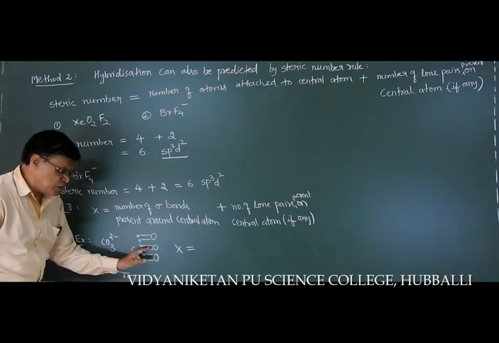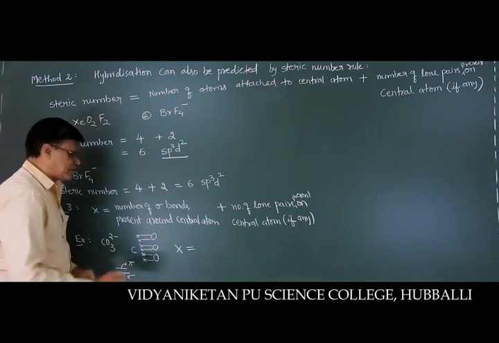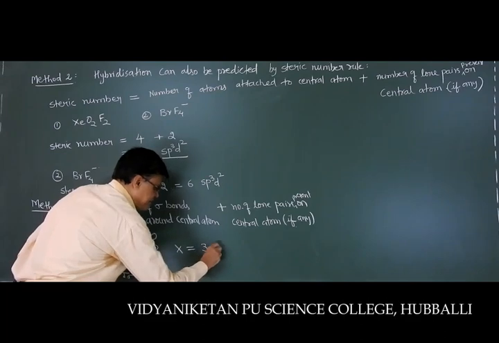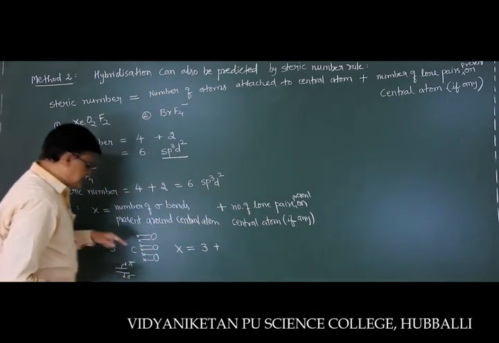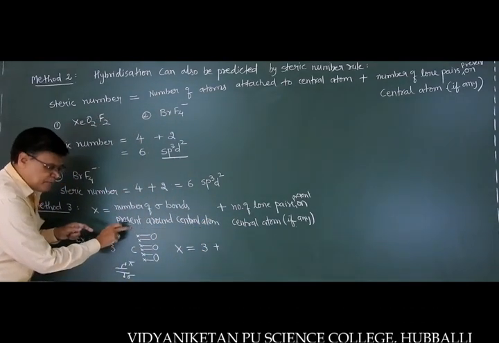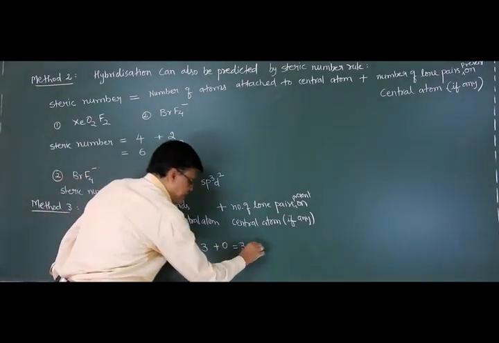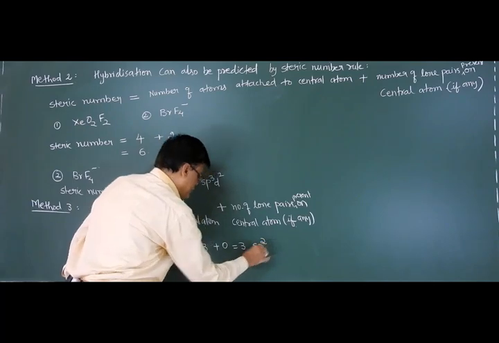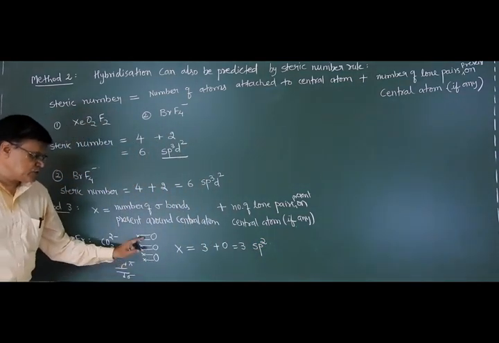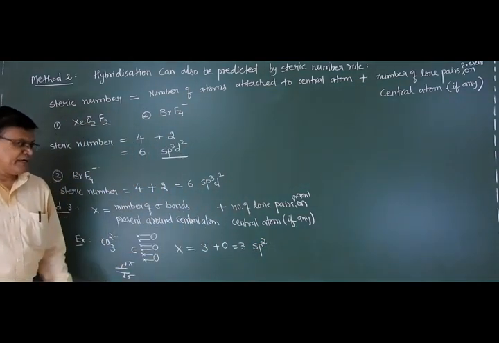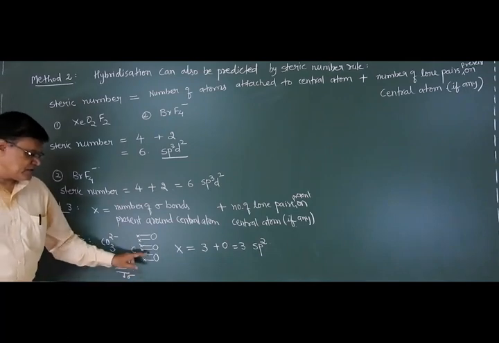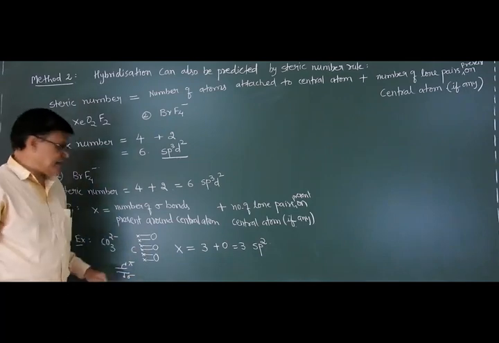One sigma bond, two, three. Number of sigma bonds is 3 plus number of lone pairs. Any lone pairs here? No lone pairs. Therefore, 3 plus 0 equals 3. 3 means sp2. Understood? 3 plus 0 is 3. sp2 hybridization, 3 sigma bonds, trigonal planar arrangement.